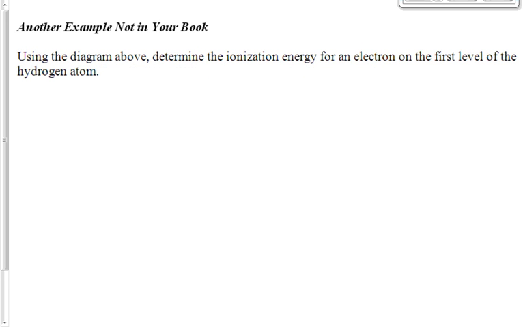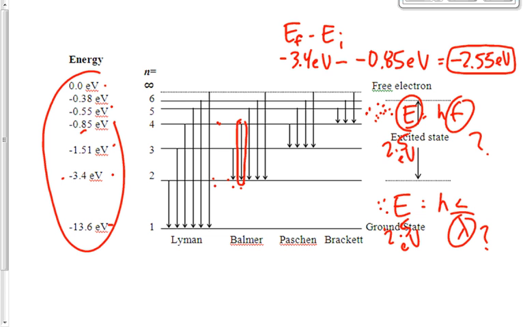What about this one? Two more examples, then that's it. Determine the ionization energy for an electron on the first level of hydrogen. Let's go back to our diagram. The ionization energy. What does that mean? The energy required for the electron to leave. If you're deep within the Earth, what's your ionization energy? The energy that's required to get you to the surface.